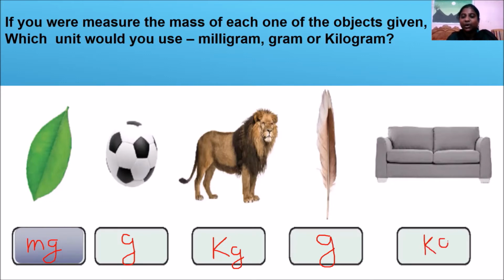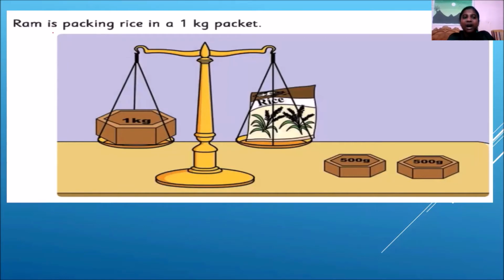Ram is packing rice in a 1 kg packet. Look at the picture, children. Here in the left hand side, you can see the 1 kg weighing stone. The right hand side, you can see the rice packet. Once he finished his packing, he marked 1000 gram on the packet. Do you think he marked it wrong? No, he marked it correctly.